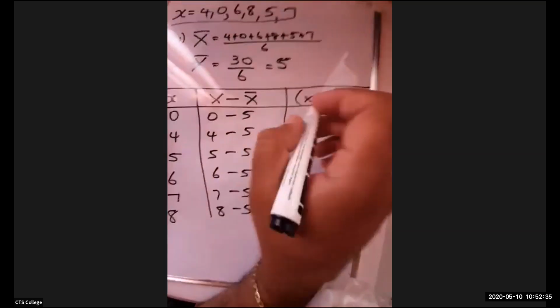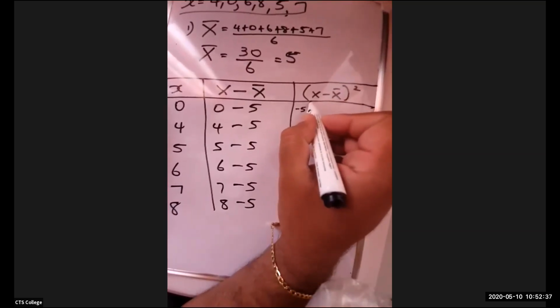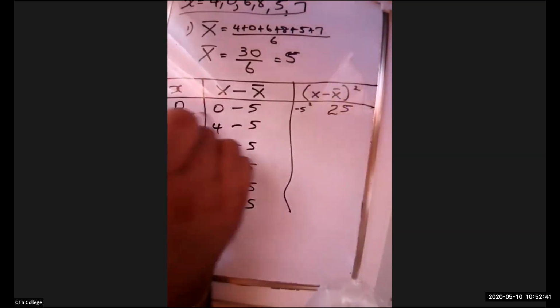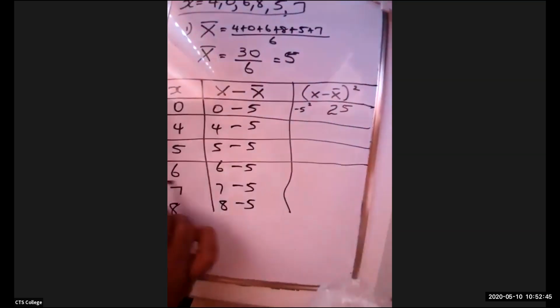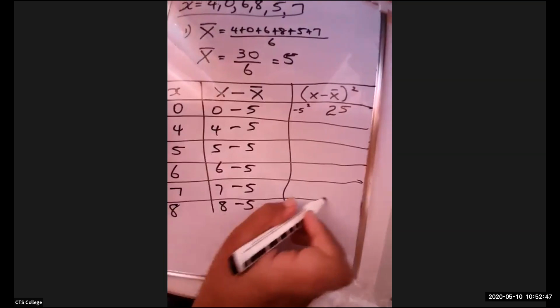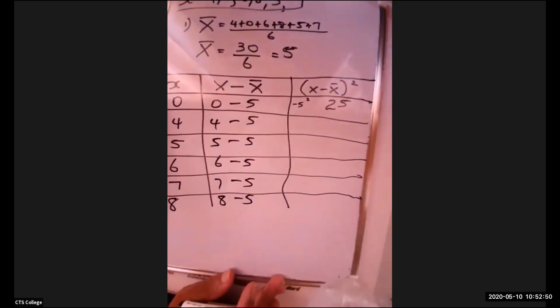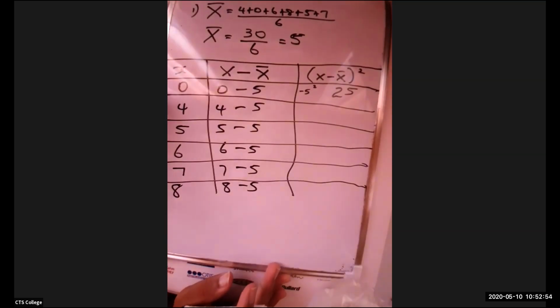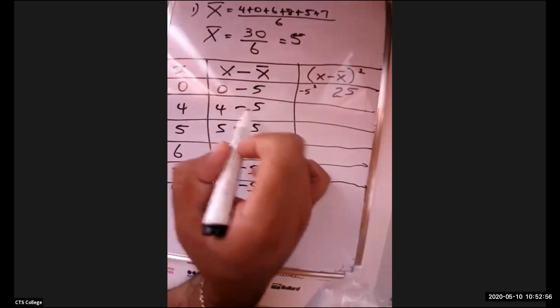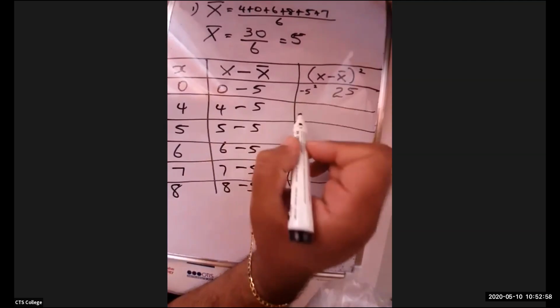So 0 take away 5 is -5, and -5 squared is 25. Any questions or concerns so far? No, sir. Okay, so 4 take away 5 is -1.